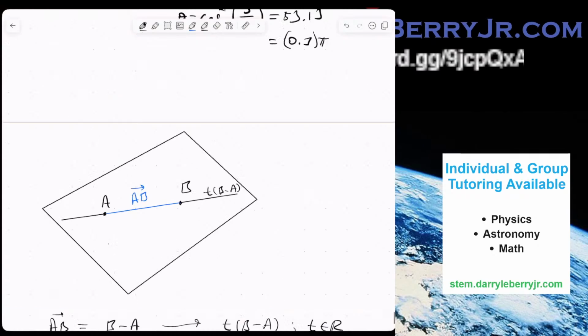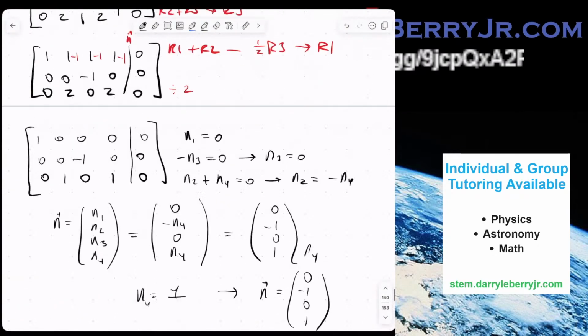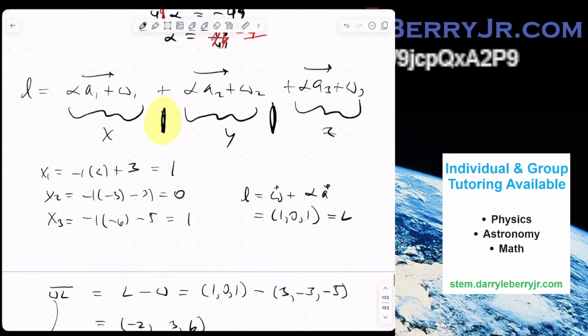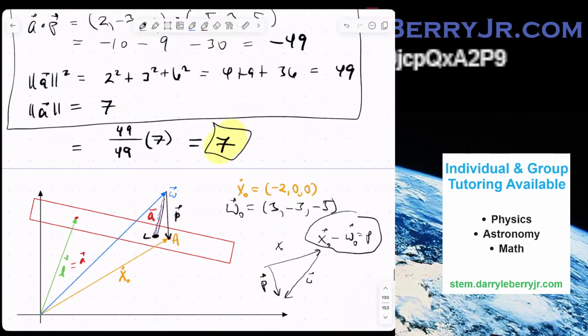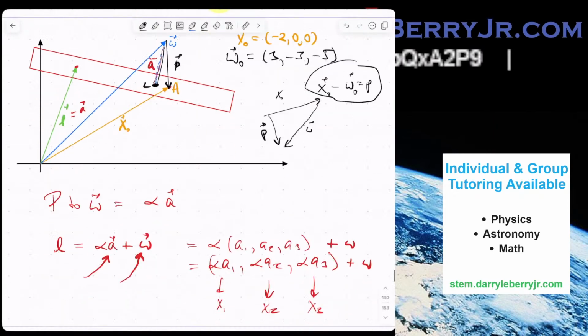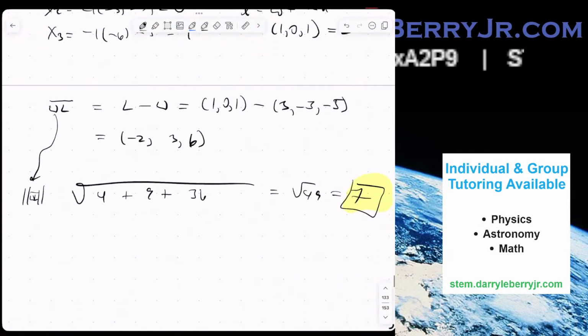If you remember, we actually solved the problem using that when we found, here it is here, the distance between L and W. We utilized the line segment thing right here.